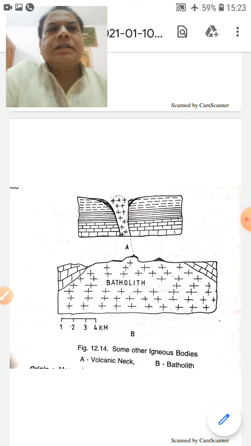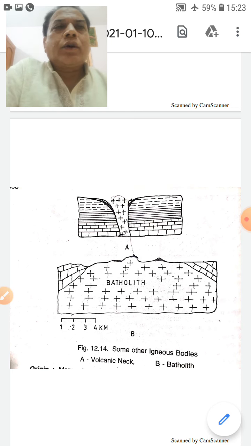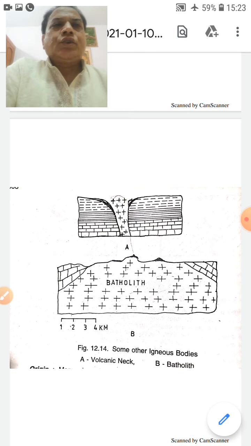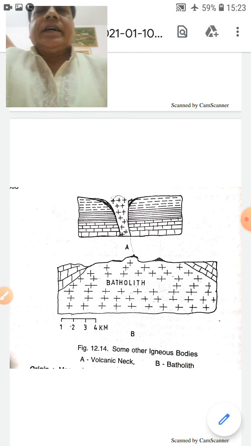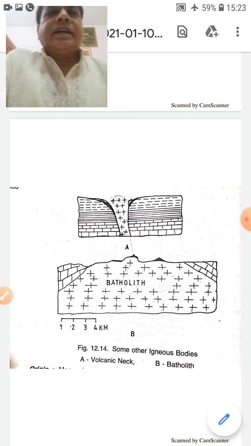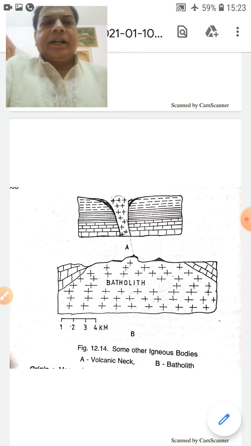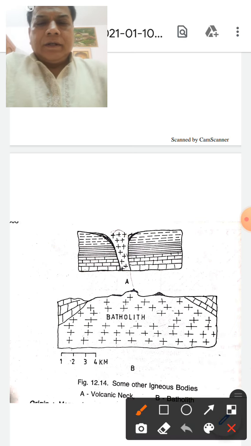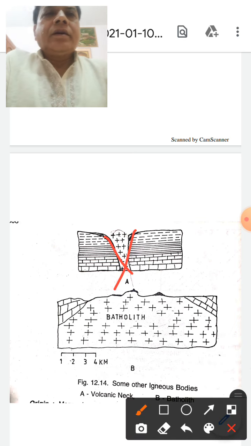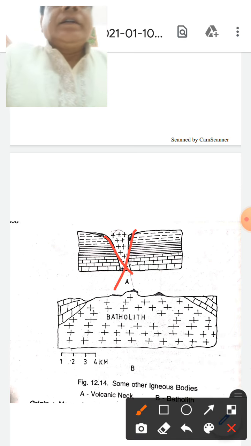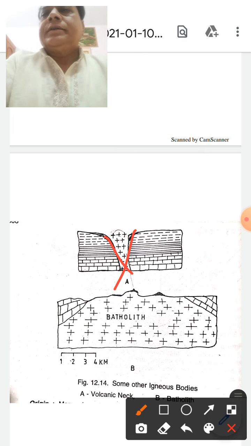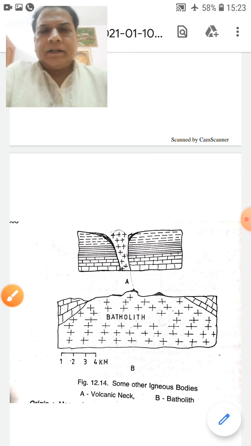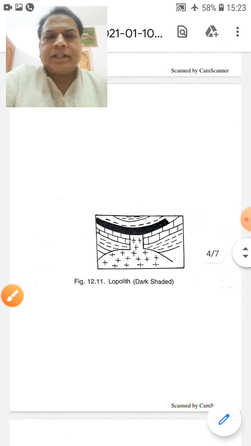In outline, these masses may be circular, semicircular or irregular and show considerable variation in their diameter. Around these necks, the country rocks generally show an inwardly dipping attitude.